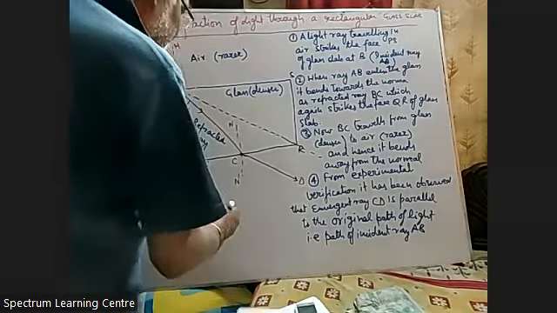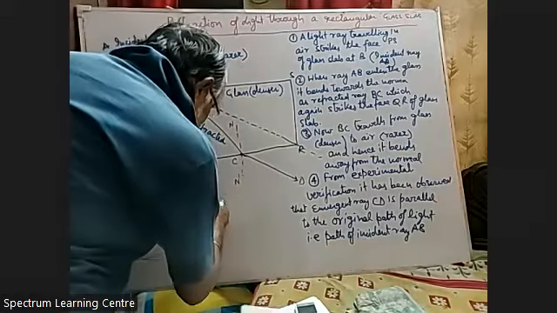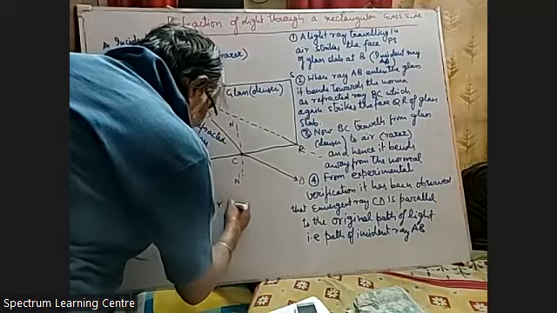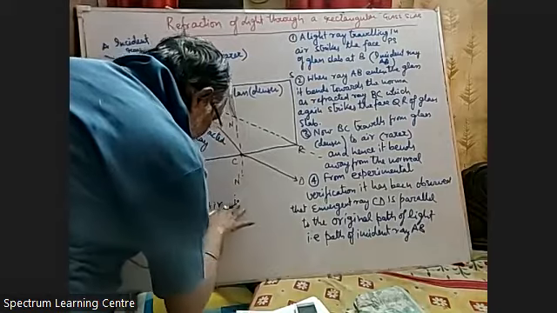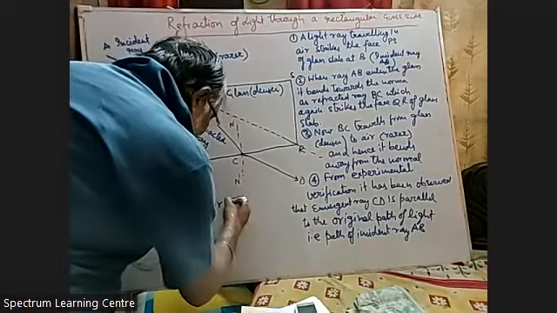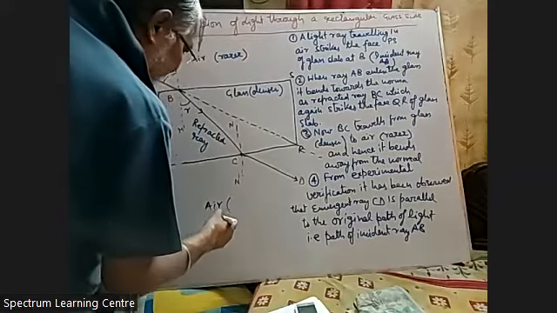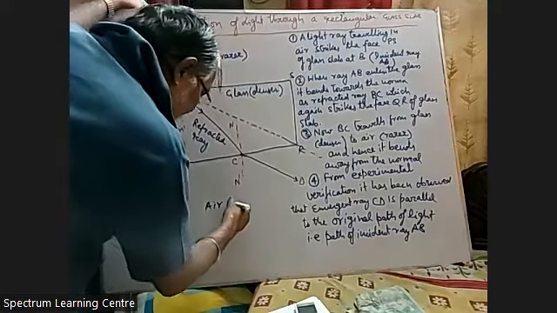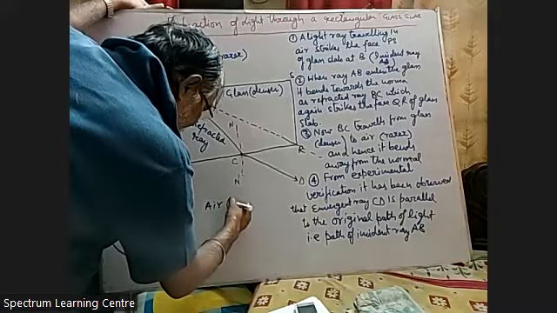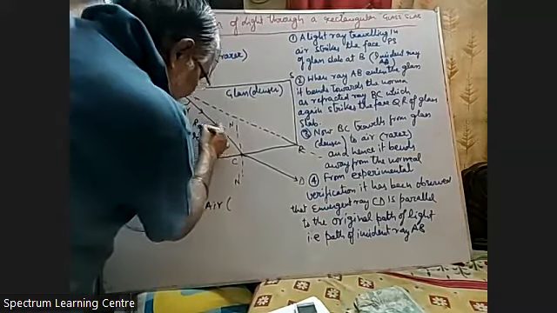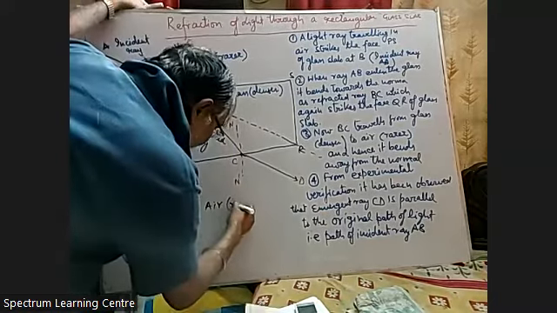Now this time, at this end also it is air. Now again the refracted ray is traveling from denser to rarer medium.